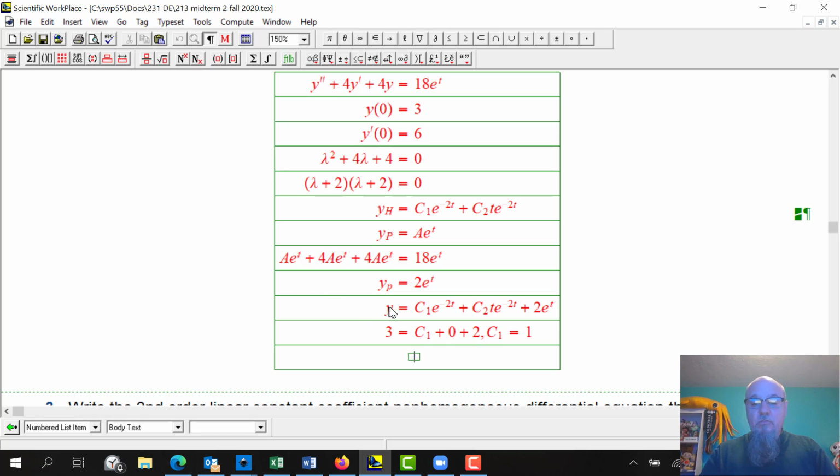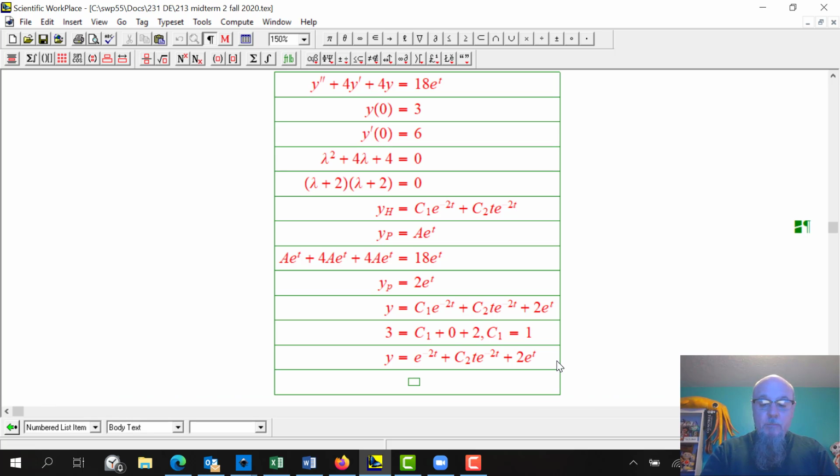So now my general solution, I'm just going to take this, copy, and I know that c1 is equal to 1. Now I need its derivative. So y prime is equal to minus 2. Let's do this.